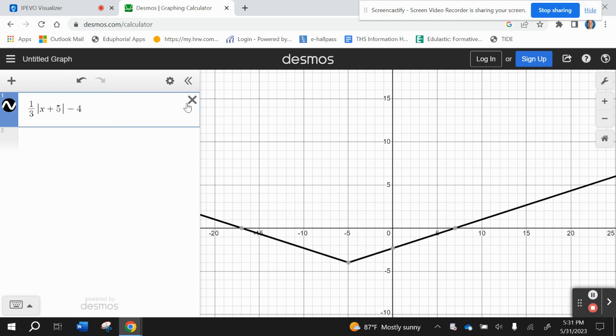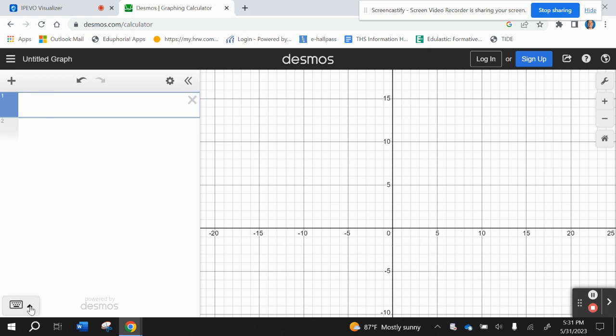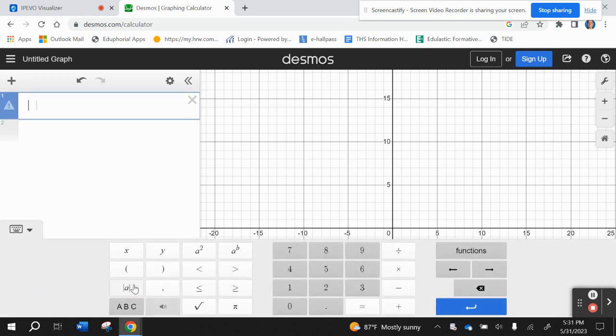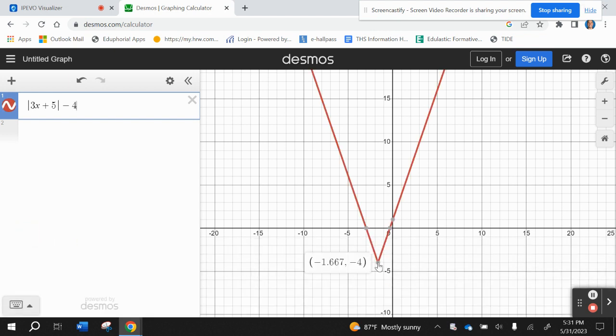Okay. So, absolute value of 3x plus 5 minus 4. So that 0, 1 is good. Negative 3, 0. That's negative 1.67.